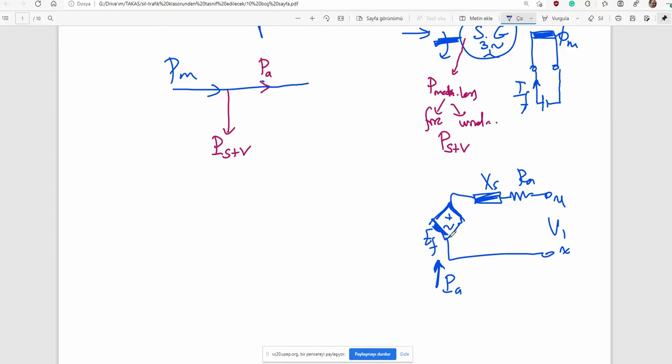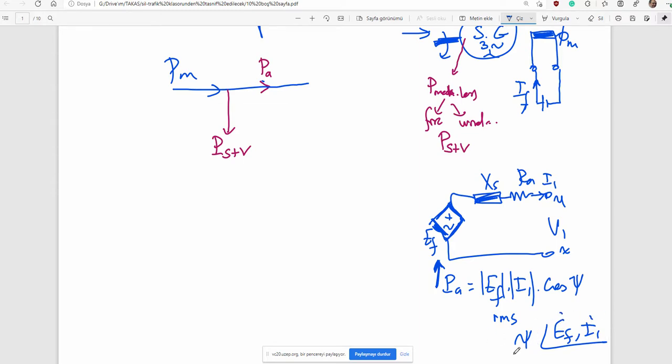Energy conversion occurs on this element, and it is in terms of EF and I1, the outgoing current for the generator, and the angle between those two phasors. Here those are only magnitudes in terms of RMS values. Here is cosine psi, the angle between the EF and I1 phasors, from EF to I1.